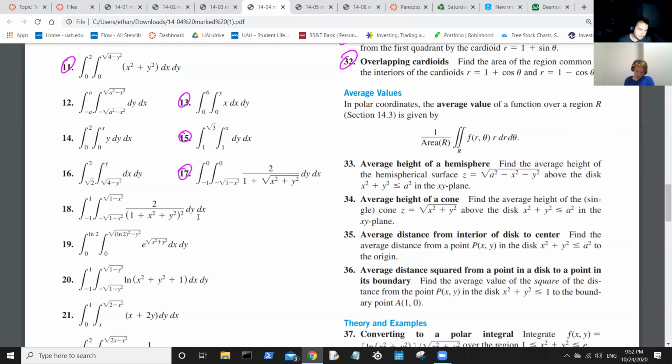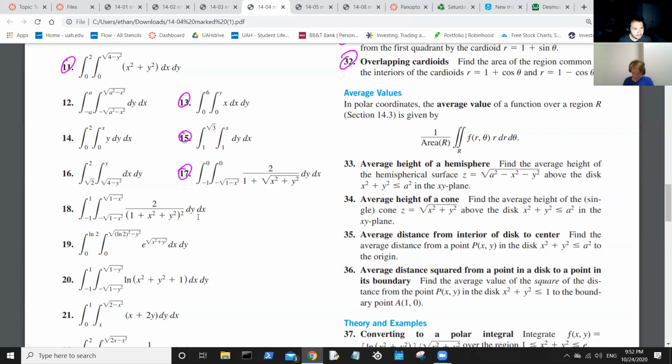So first you have to convert your limits into r limits. The first one keeps 0 on top, but the bottom is negative square root of 1 minus x squared.